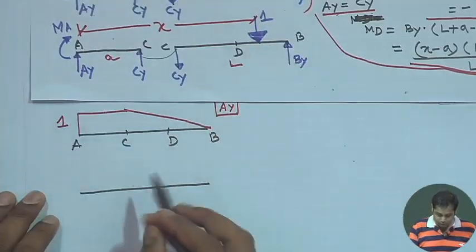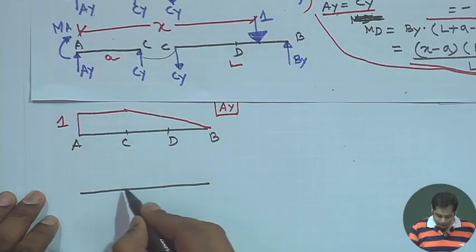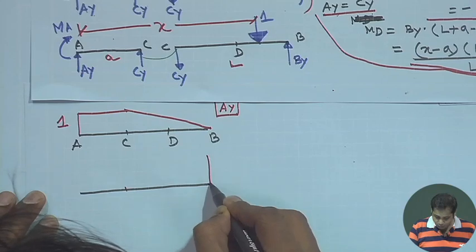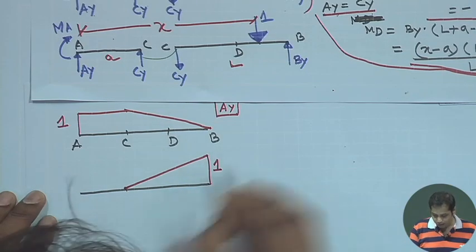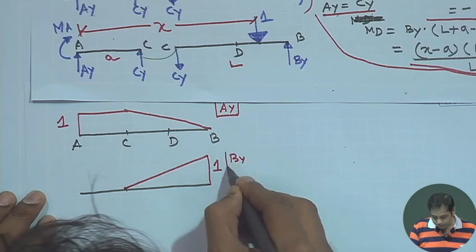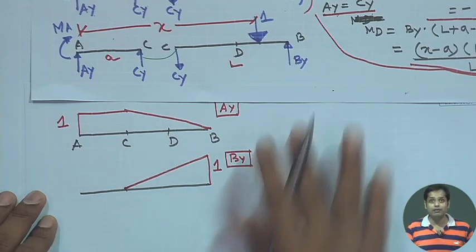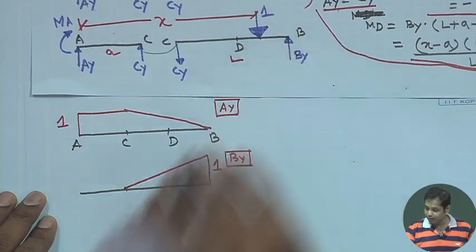So, By is equal to 0 up to C, and then at B it becomes 1, and in between it varies linearly. So, this is the influence line diagram for By.